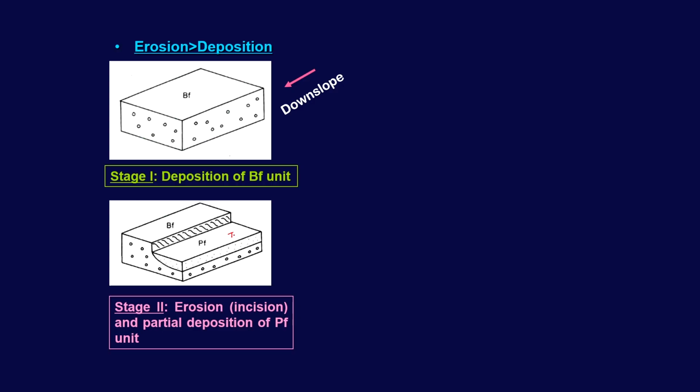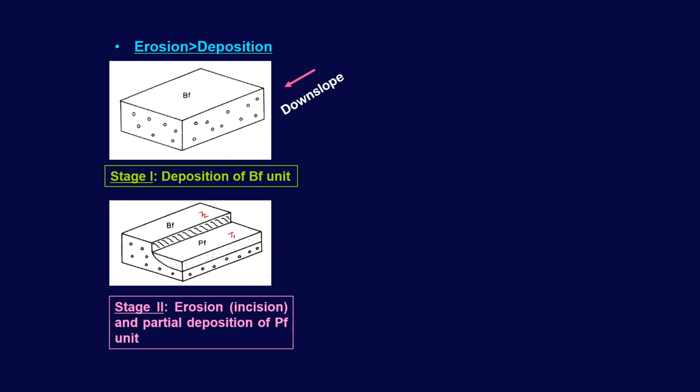So, we can say, let us say T1 and this is T2, or T0, T1, anything you can classify, but the number can be increasing as we move away from the channel and we gain elevation. Okay. So, T0, T1 and T2 we have here.